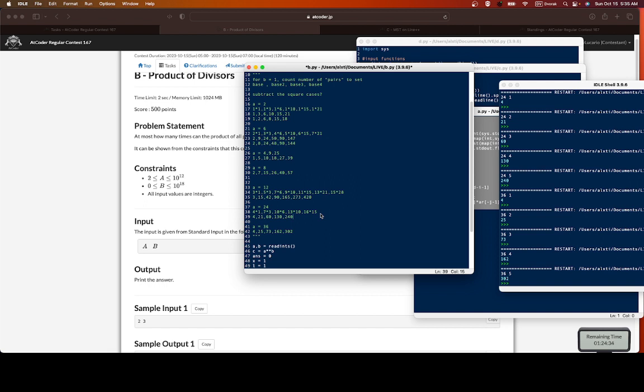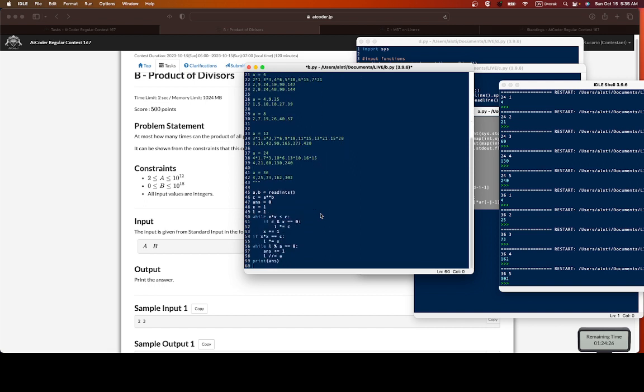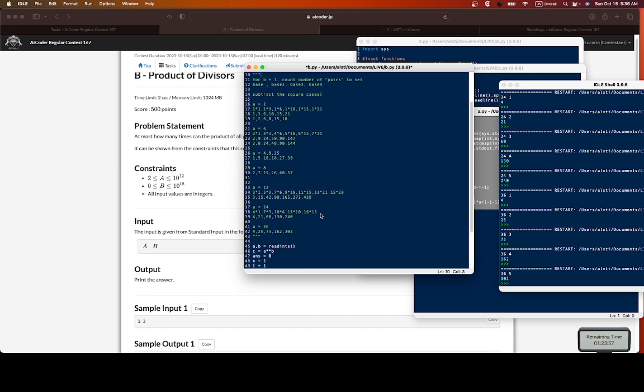0, 4, 13. Okay, what can we get from 2, 9, 24, 50, 94, 147 into a square like this?